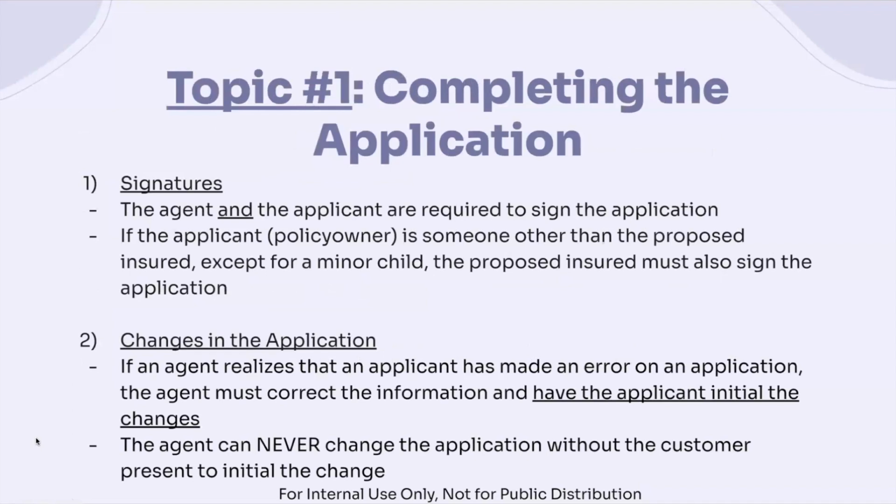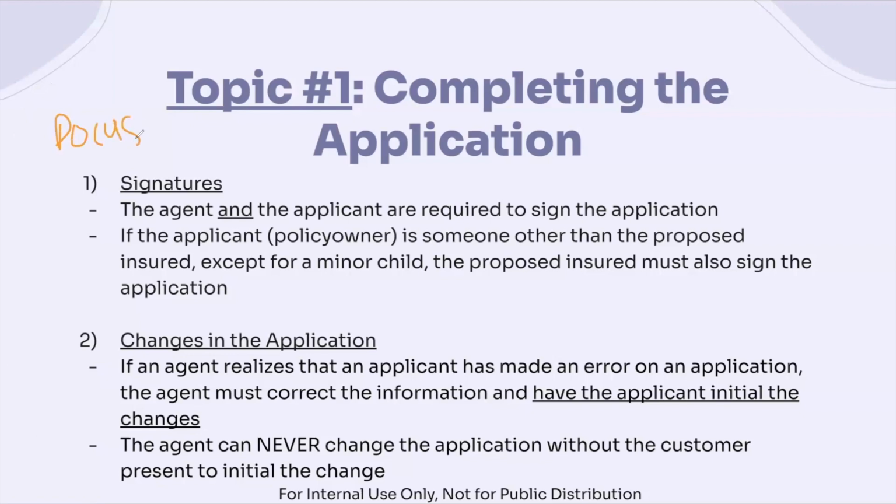So now let's get into the parts of completing the application. With topic one, we want to first start off with signatures. Something that's commonly used is DocuSign. Most of it is online.